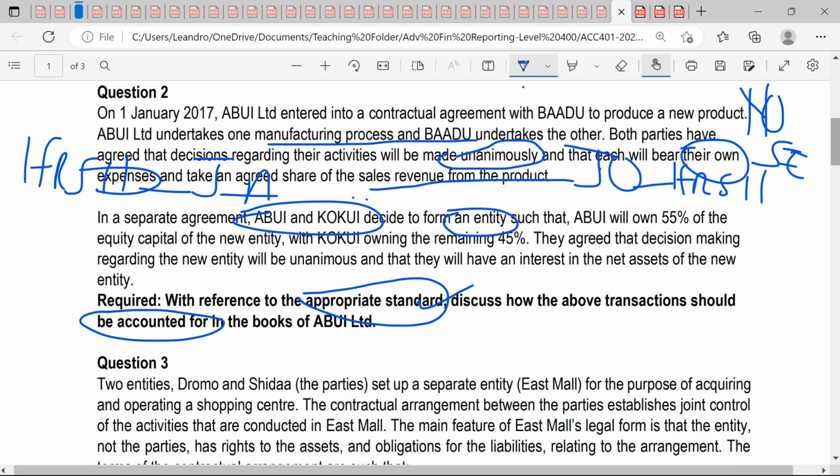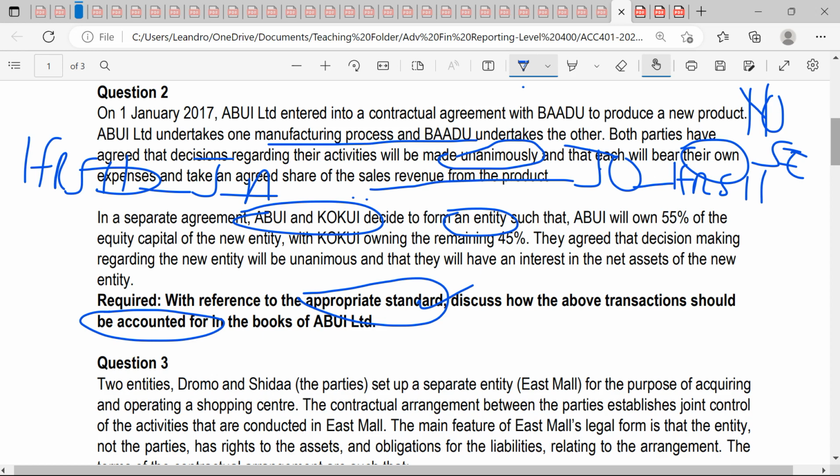Because for a joint operation, if there is no separate entity, it is a joint operation. But with a separate entity, it may be a joint operation or a joint venture. So the fact that the question says they decide to form a separate entity, you do not conclude. You have to still continue, because this information can be a joint operation or a joint venture.